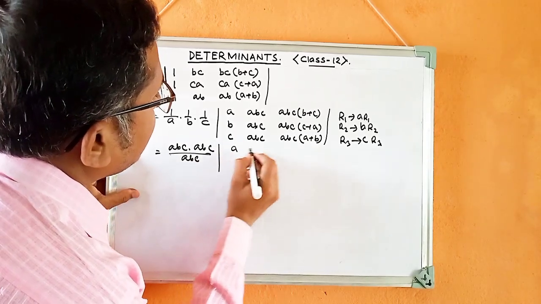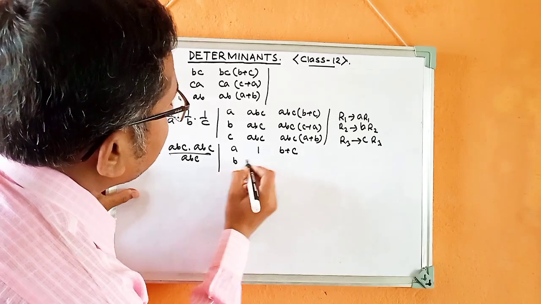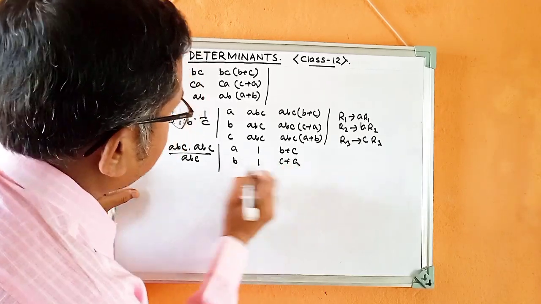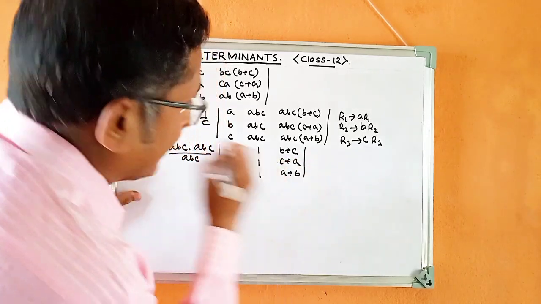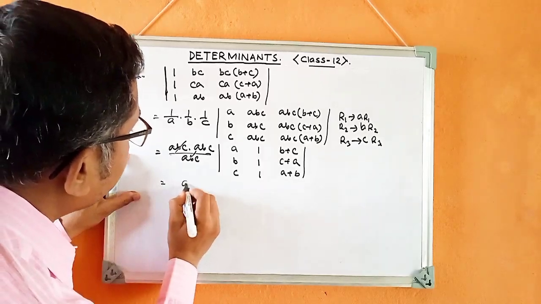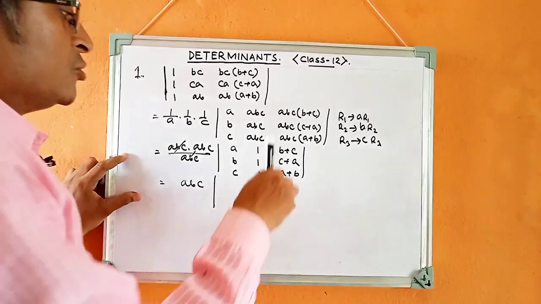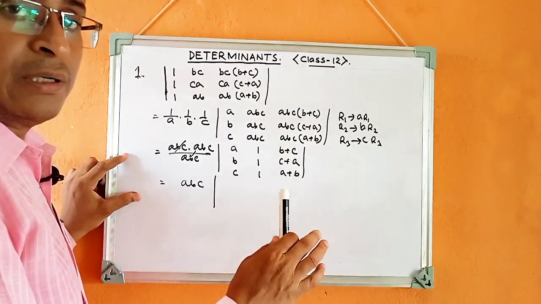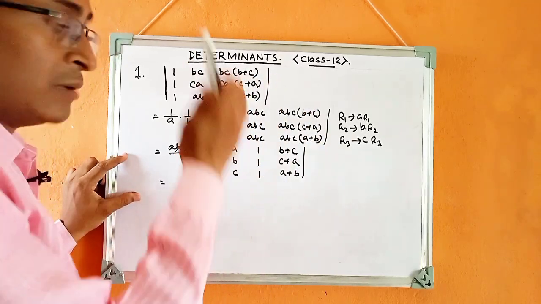So A, 1, B plus C; B, 1, C plus A; C, 1, A plus B. Got it? Now one ABC cancels. Now we do column 3 equal to column 3 plus column 1.